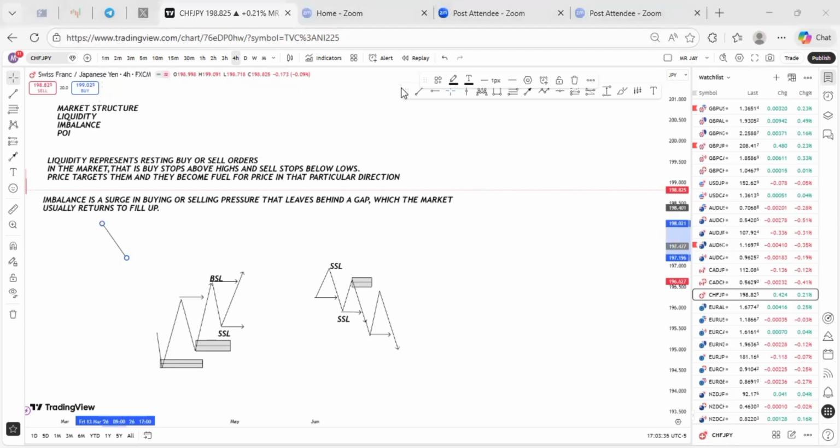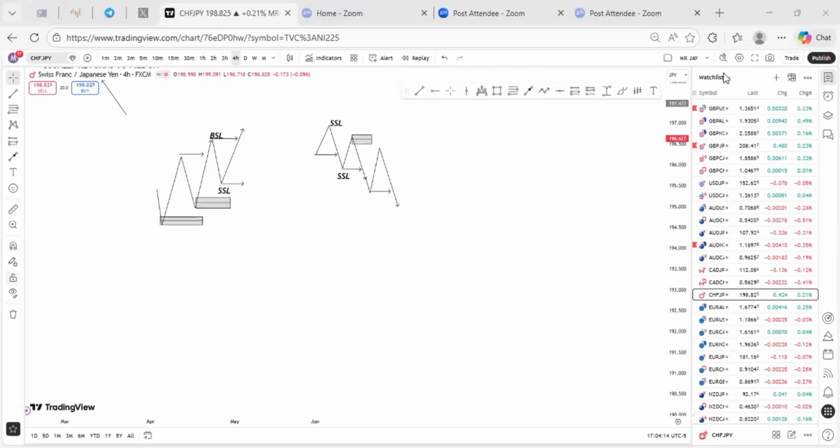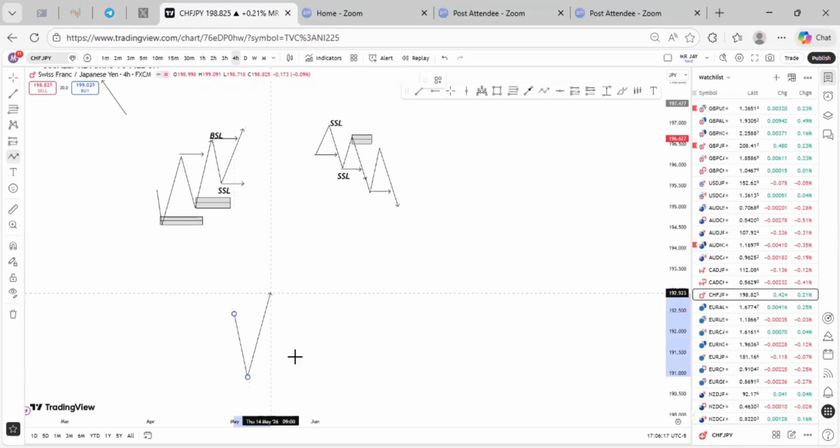So let's see how I combine these tools to make a strategy. Assuming I come to the market and the market is giving me something like this, breaking structures to the upside, as you can see, we're in a clear bullish trend, and I want to be trading in line with this trend.